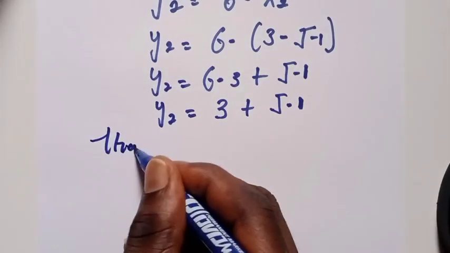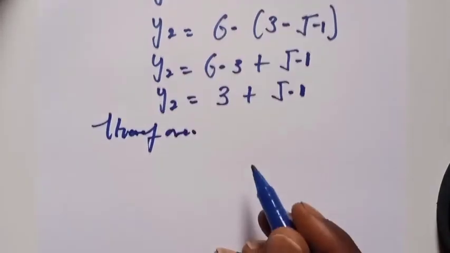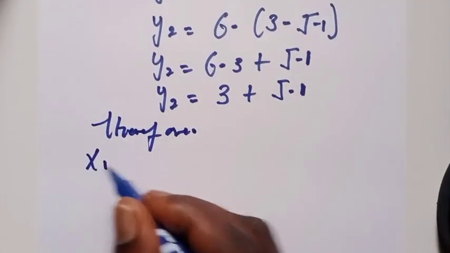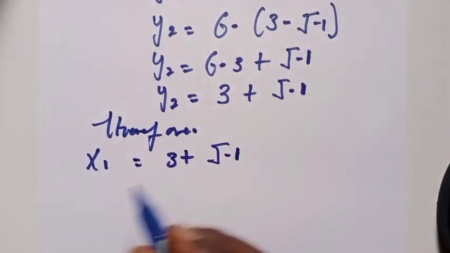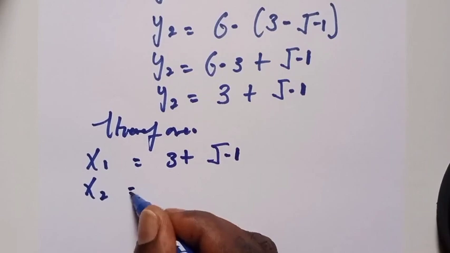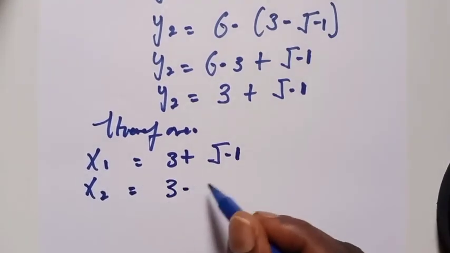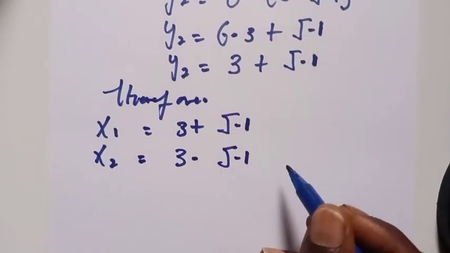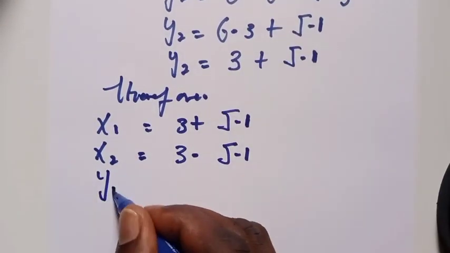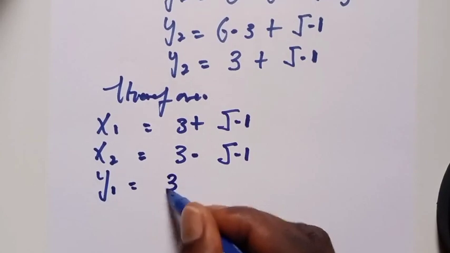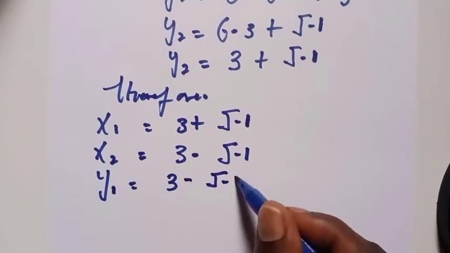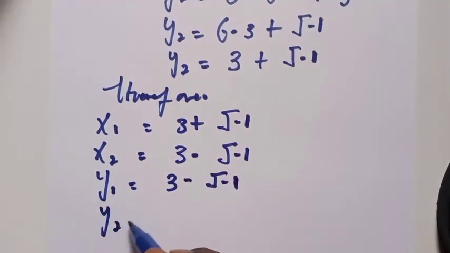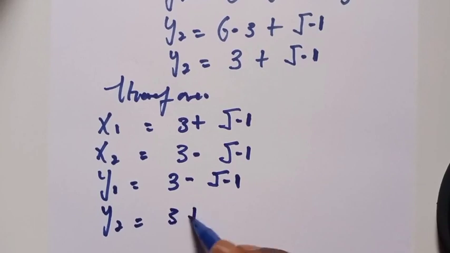Therefore, we have our values for x1 equal to 3 plus root minus 1, and x2 equal to 3 minus root minus 1, and then the value of y1 is 3 minus root minus 1, and y2 is 3 plus root minus 1.